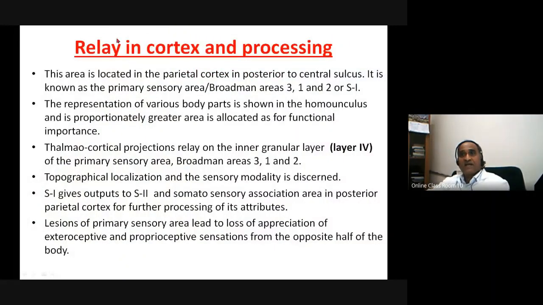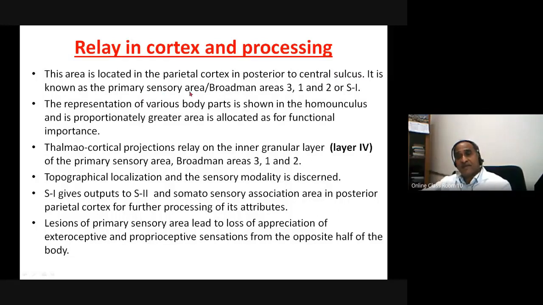Now coming back, relay in the cortex and processing. So now what happens in the cortex? We have seen that it is relayed in the cortex. It does not mean anything by itself. You have the action potentials arriving in the cerebral cortex. Where in the cerebral cortex? The area located in the parietal cortex is in the postcentral sulcus.